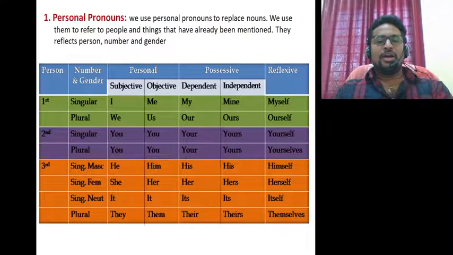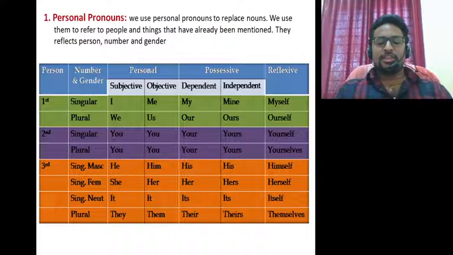For example, my pen, our college. College is a common noun, pen is a common noun. It is directly joining with a noun, so it becomes dependent, and we may call it an attributive pronoun.